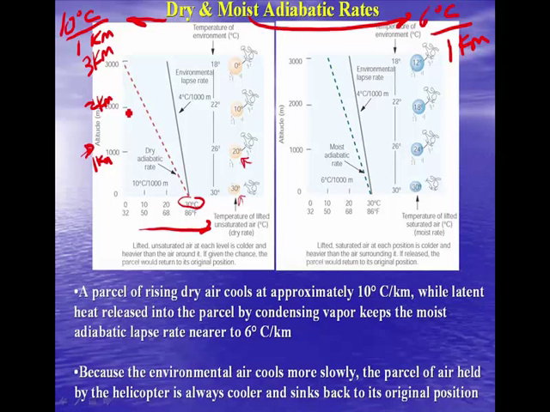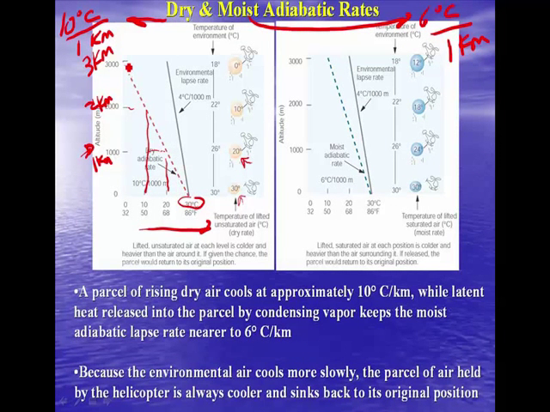So if I were to go here at 2 kilometers and look down, the temperature here would be 10. If I go to 1 kilometer and look down, the temperature would be 20. So this line represents the rate of change of temperature of the air parcel, and it decreases at 10 degrees Celsius per kilometer.